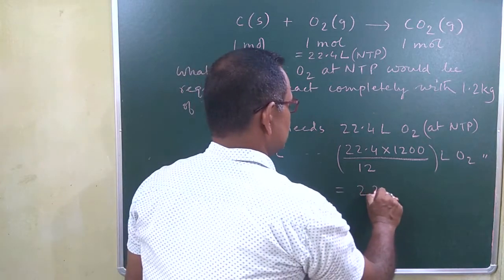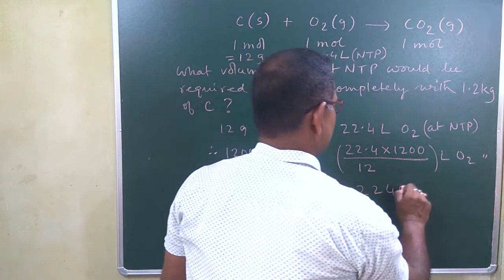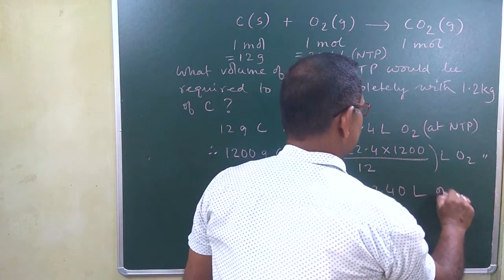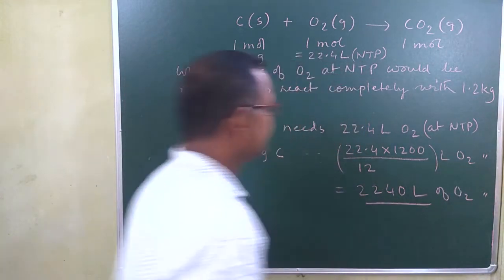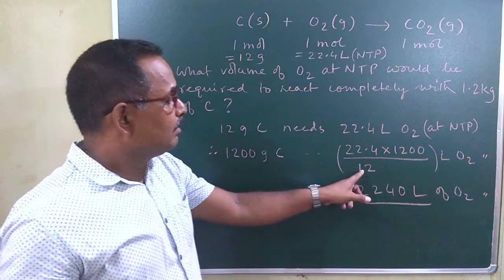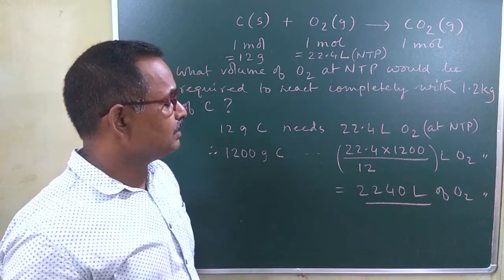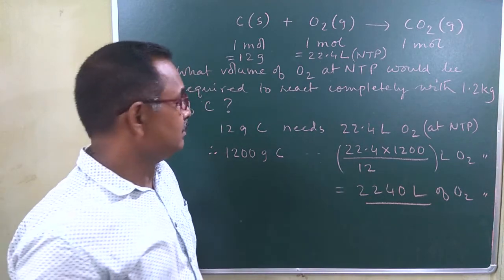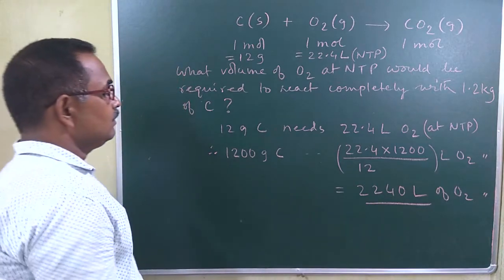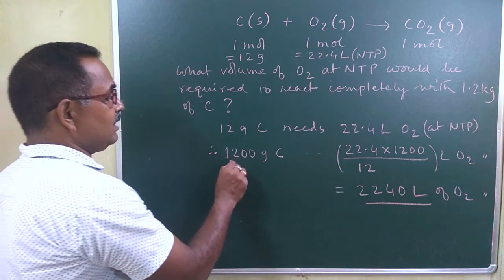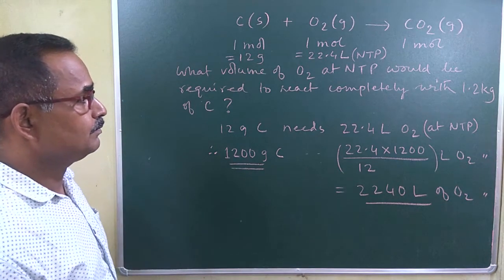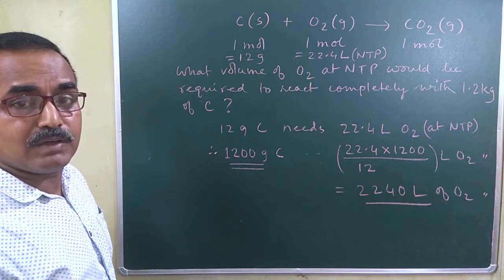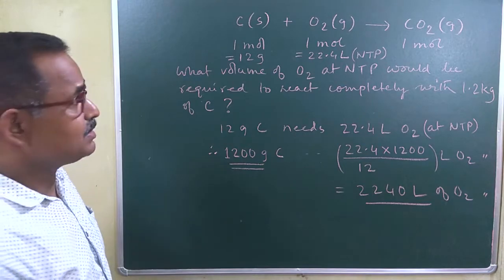So 2240 liter of oxygen at NTP. This is the answer. 2240 liter of oxygen would be required to burn completely 1200 gram of carbon. This is a problem of mass volume relationship.